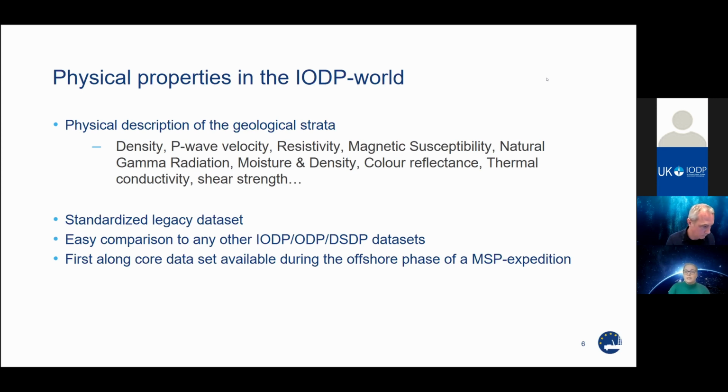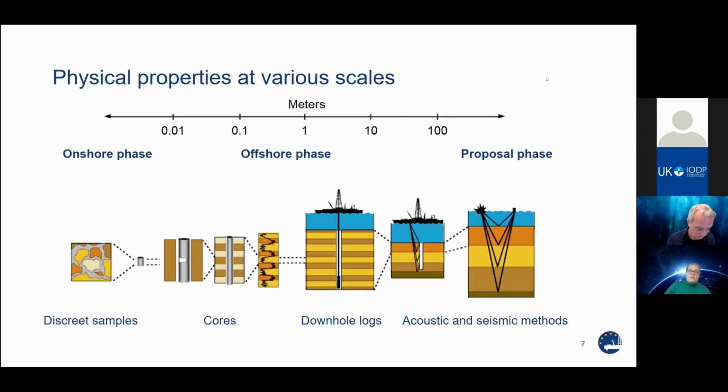And during an MSP expedition, the physical properties are the first data set that you actually get along the core. Physical properties are also sticking with you through the whole process. When you start thinking about your proposal, you're looking at seismic methods to figure out where your site actually should be.